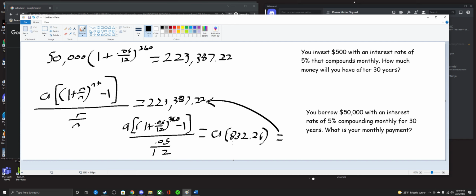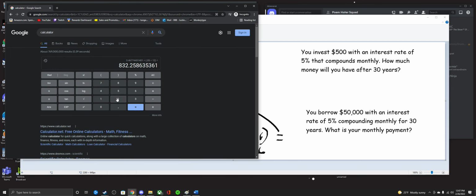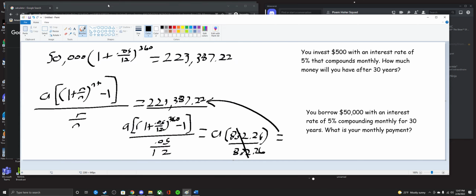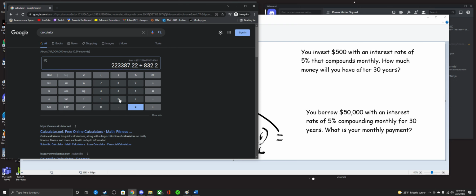So now we can actually solve for A, so we divide this on both sides. This cancels out. We want to divide that by the same thing, so we'll do 223,387.22 divided by 832.26, and that's our monthly payment.